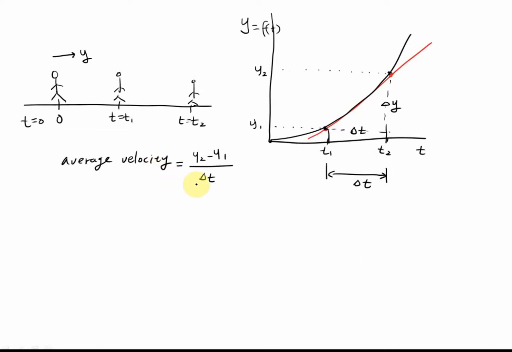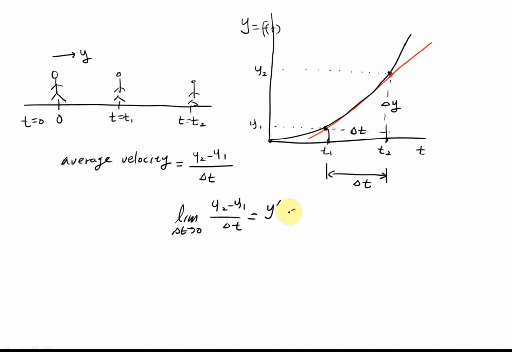Then if you try to make delta t very, very small, which means t1 and t2 are getting close to each other, then that's the limit, right? So if you make delta t go to 0, (y2 minus y1) over delta t, that's the definition of derivatives. So y prime, okay?